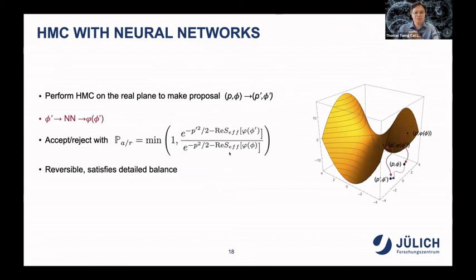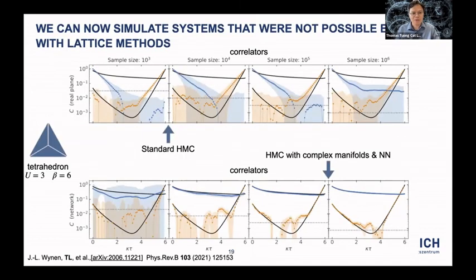And then we do accept-reject, and so forth. And again, because the network we use is invertible, in principle this process is reversible, and it should satisfy detailed balance as well.